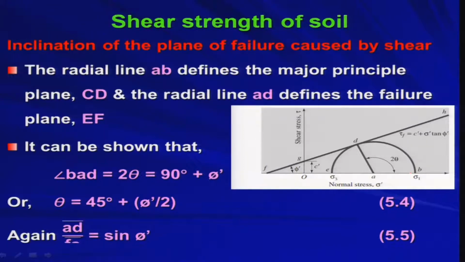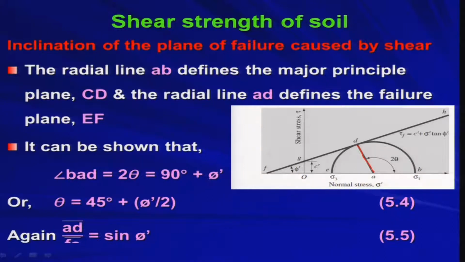If you recall your Mohr circle representation, whatever you have learnt in mechanics, the radial line AB defines the major principal plane CD, which we have seen in the physical plane, and the radial line AD defines the failure plane EF, agreed.